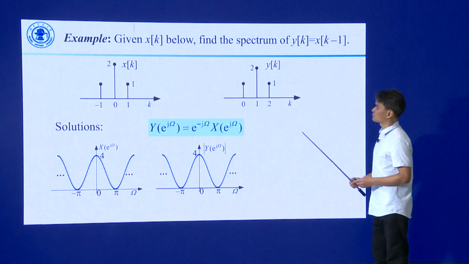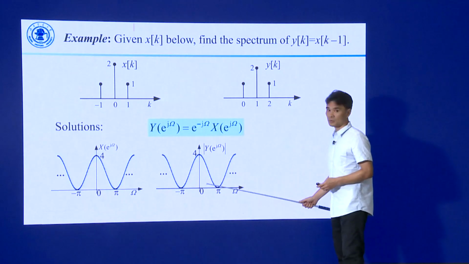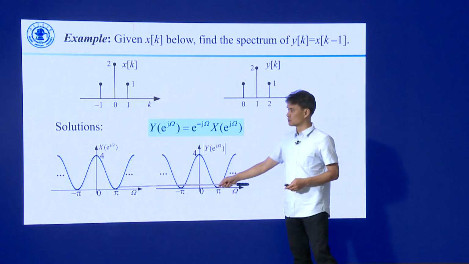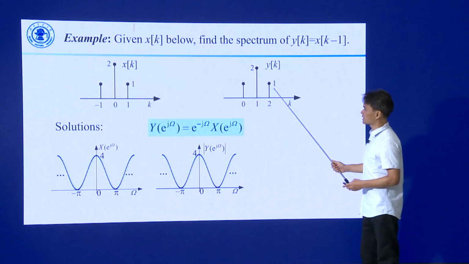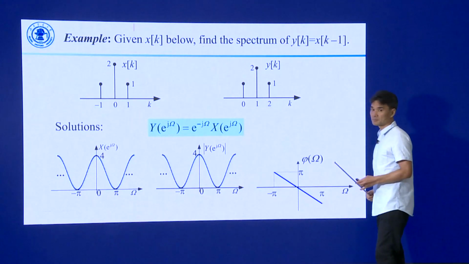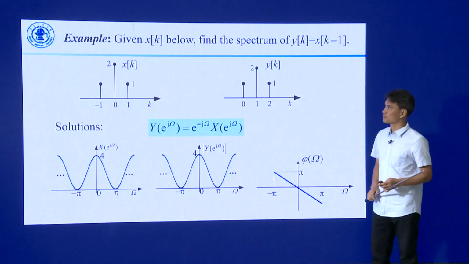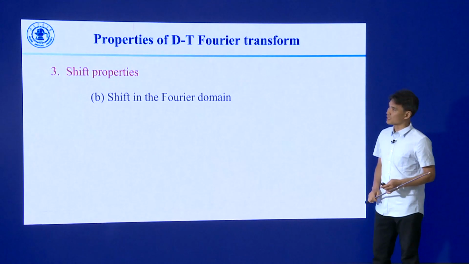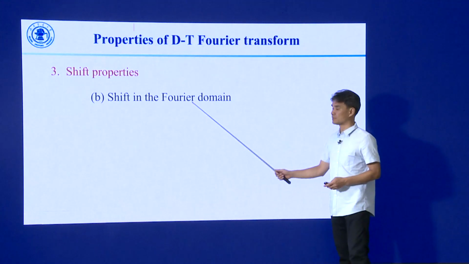And when we try to figure out the spectrum, we can simply get the amplitude equal to the spectrum for x of k. And for this signal, it will have an extra phase spectrum, which is equal to 0 for this sequence.